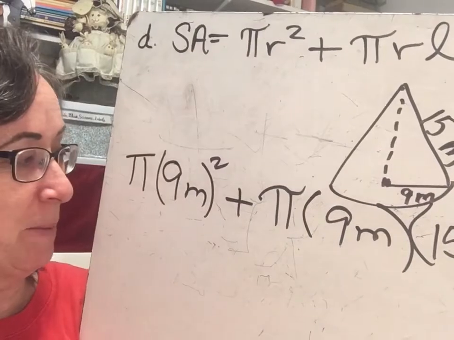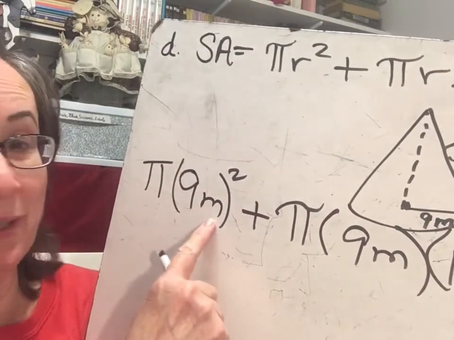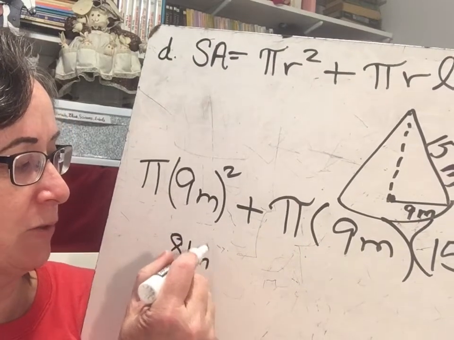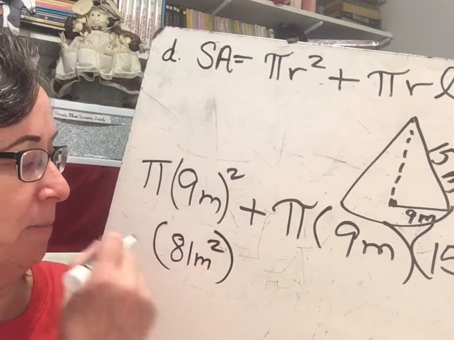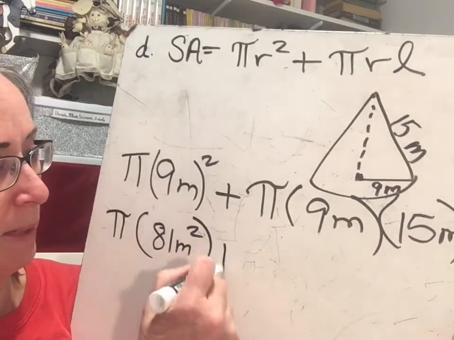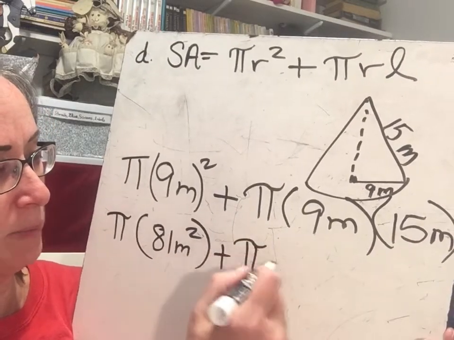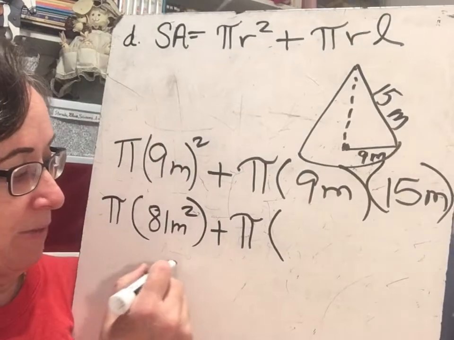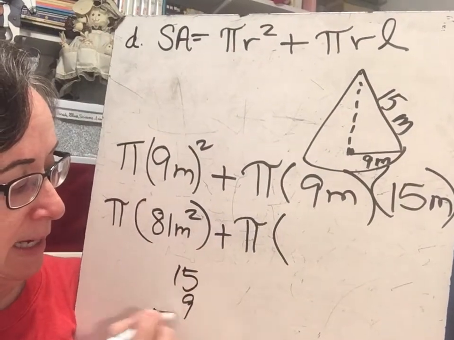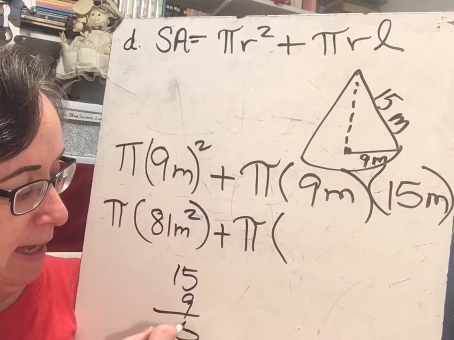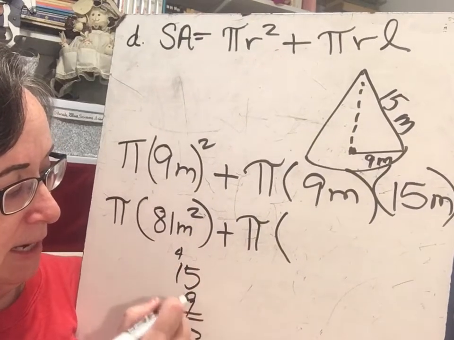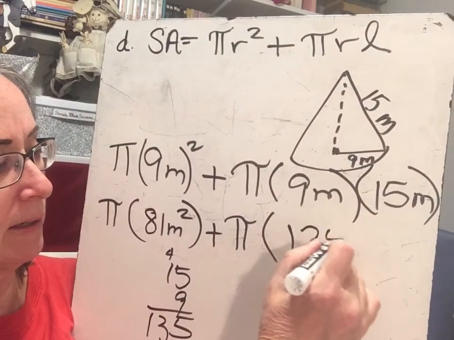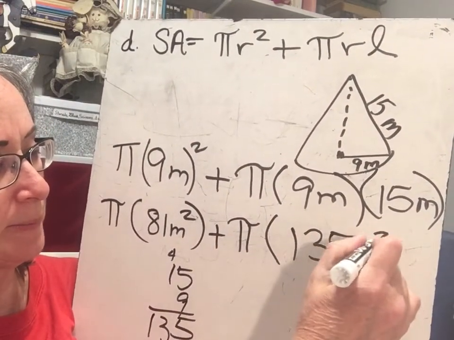So now let's do the math. We have 9 meters squared, so that's going to be 81 meters squared times pi plus pi times 9 times 15 meters squared. Okay, so 15 times 9, 9 times 5 is 45. 9 plus 4 is 13. So 135 meters squared.